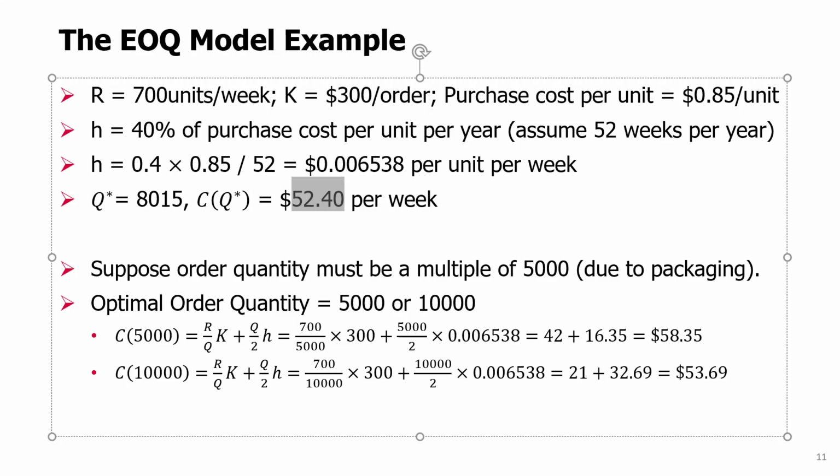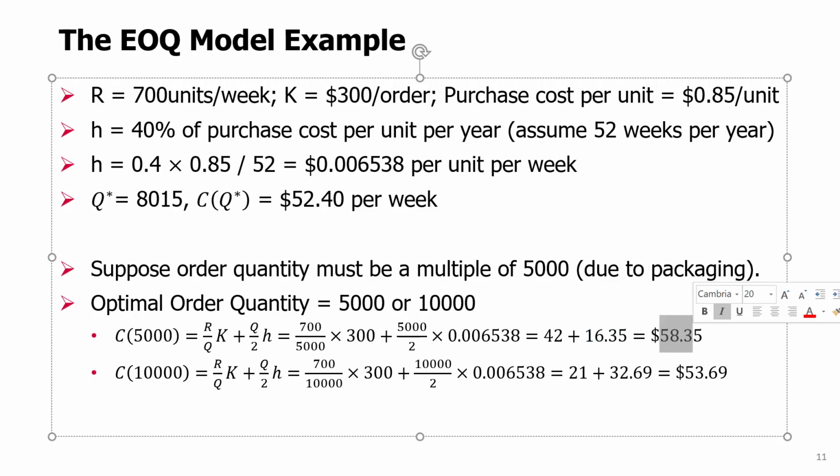Second, I want you to see these two components, the cost of ordering and the cost of holding. I did the calculation by first calculating the cost of ordering and then the cost of holding. Here you see, if we order less, we order more frequently, the cost of ordering increased and the cost of holding decreased. It was 26.20 plus 26.20 before. This one went up, this one went down.